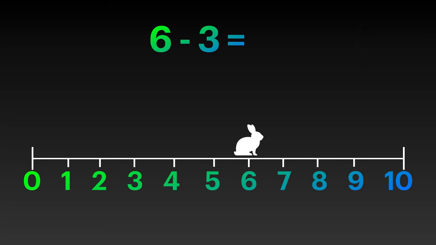And that's your time up. So 6 take away 3 equals 1, 2, 3. That's right, the answer is 3.